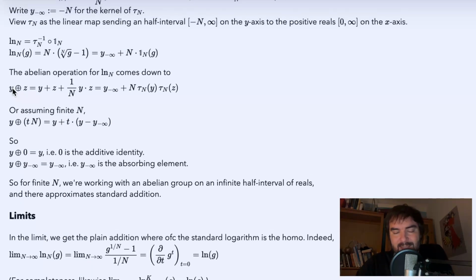So this addition between, I call this here y and z, is just standard addition plus, and then you have to do the algebra and check what all the things that cancel. It comes out that this addition is just normal addition plus this product term, right? Or in our notation here, you can also do this calculation. You find this is exactly the bottom value plus n times these linear terms.